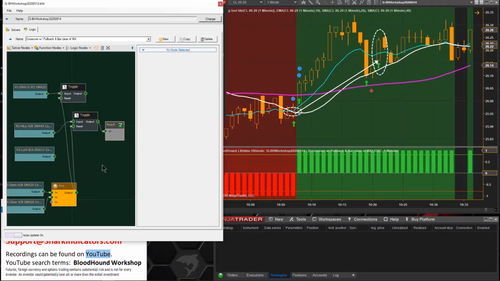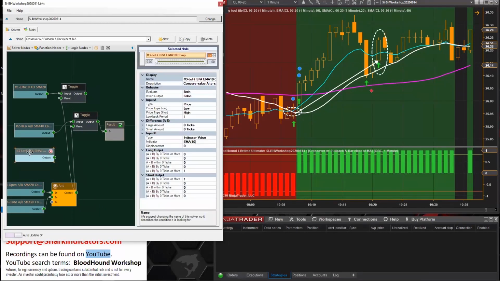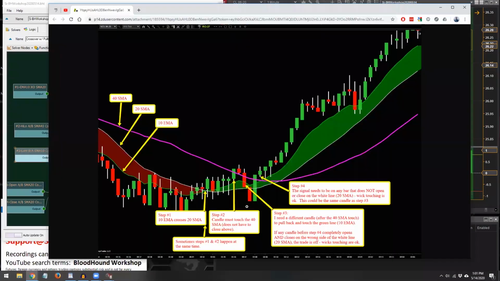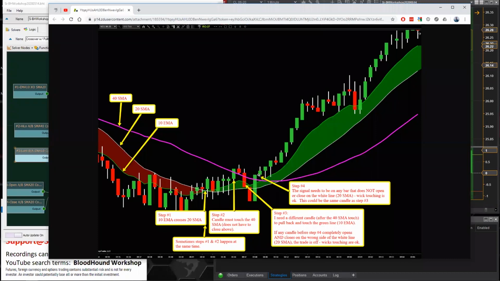Okay, so let's see here. And then step number 3, same thing. If we go on our little screenshot here, step number 3 is like the pullback bar, right? And we need it to touch the EMA 10, and then after that, so we might need to extend this one by a bar or 2, a couple of bars, right?